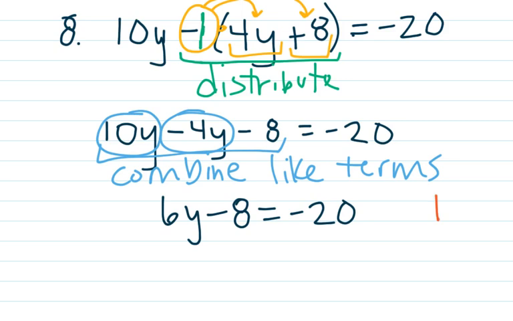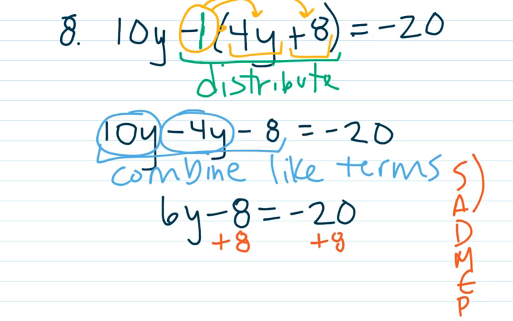And so in our SADMAP, we're going to do subtraction and addition, which means I'll add 8 to both sides of the equation and end up with 6y equal to negative 12.